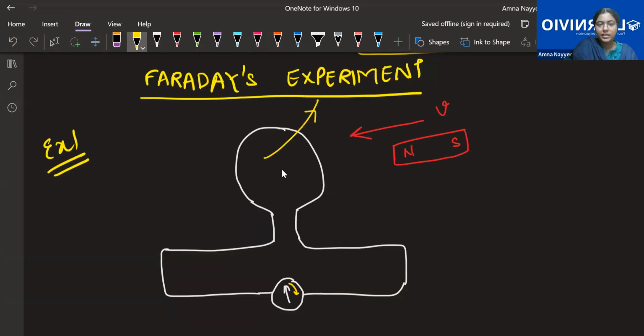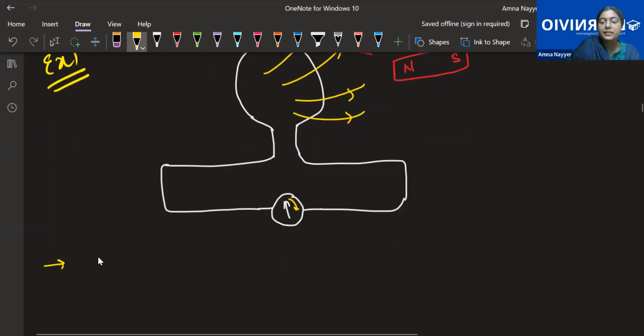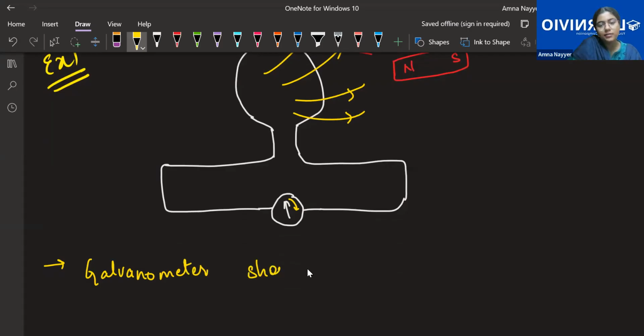Because of this, there must be magnetic field lines coming. Magnetic flux would be there because of the magnet. But galvanometer is showing deflection. When a galvanometer shows deflection, that means current is existing in the circuit. So here the galvanometer showed a deflection in the circuit.